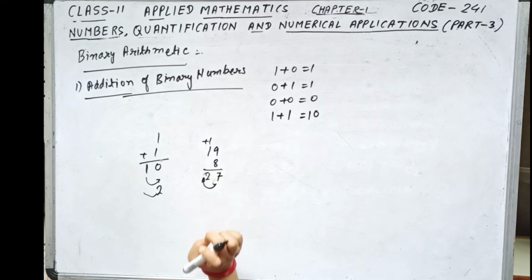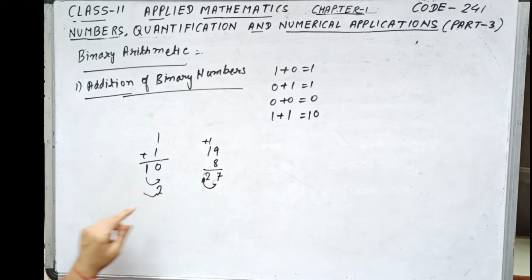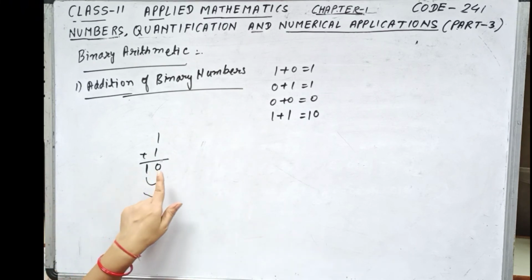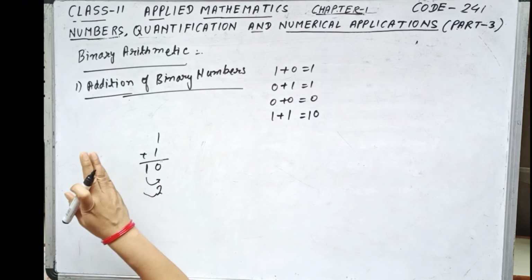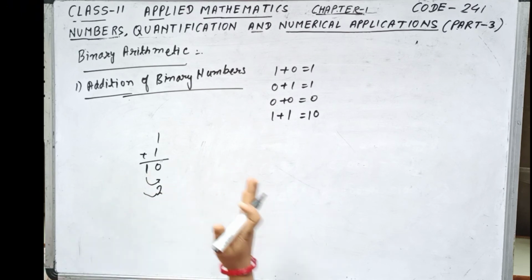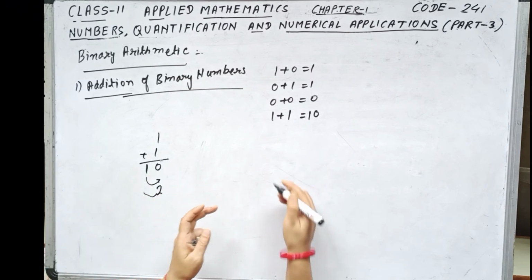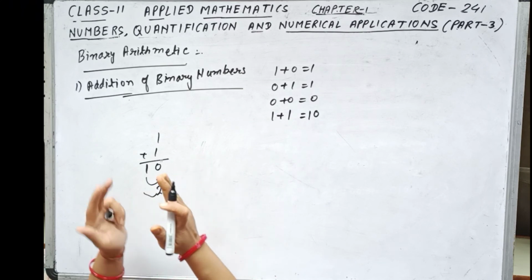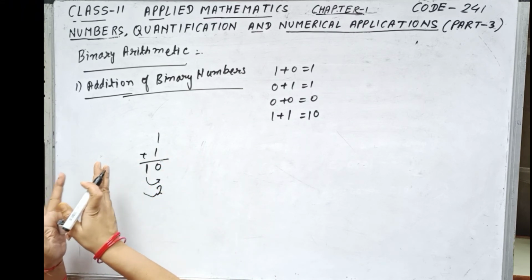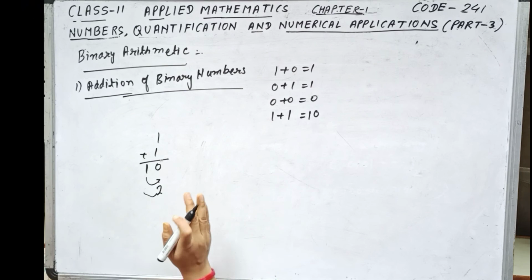So the answer will be equal to 27. Same thing over here, if it becomes 2, I'll be writing 0 and shifting this 2 over here, which will become 1 in the second column. I repeat, in decimal we shift 10 over here, which becomes 1 in the second column. Over here shifting 2 in the second column becomes 1. I think now you understand.